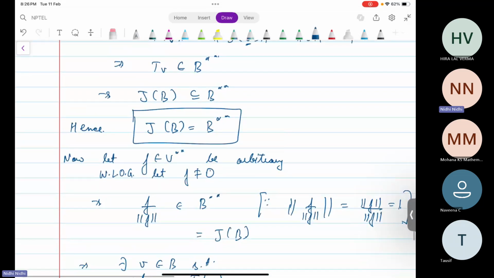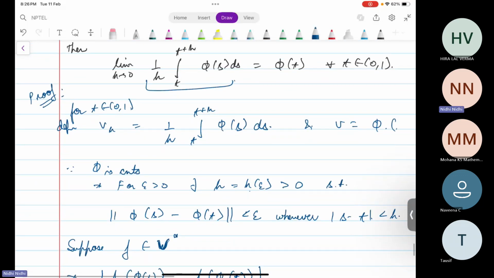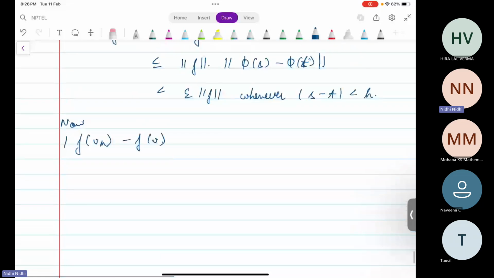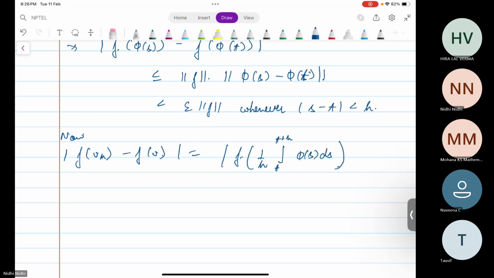Phi at t, on this fixed t. And this is equal to mod f of 1 by h integration t to t plus h phi s ds minus f at phi t.